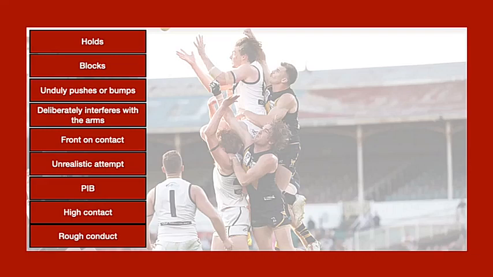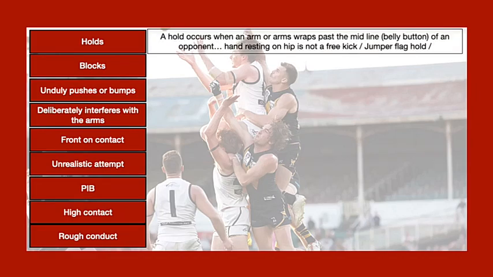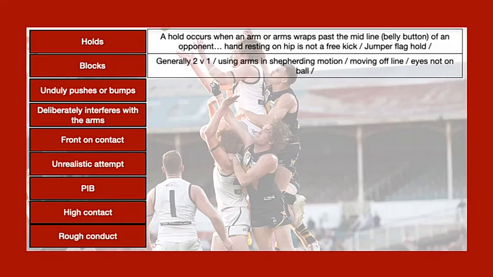As I said previously, there's specific free kicks listed in the law book in regard to marking contests. So that's holds, blocks, unduly pushes, deliberately interferes, front on contact, unrealistic. And then PIB, high contact and rough contact appear under prohibited contact, general free kicks. Holds, I'll leave that for you to go through.